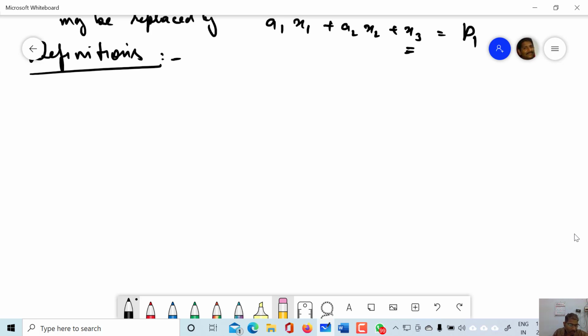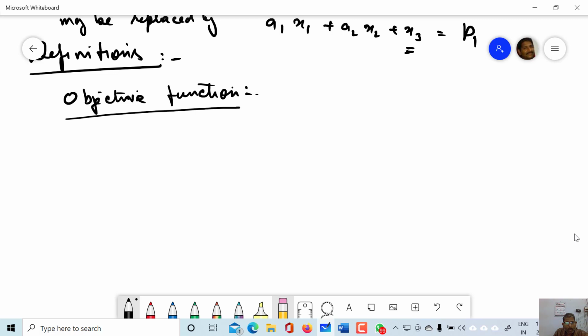So the first one is the objective function.